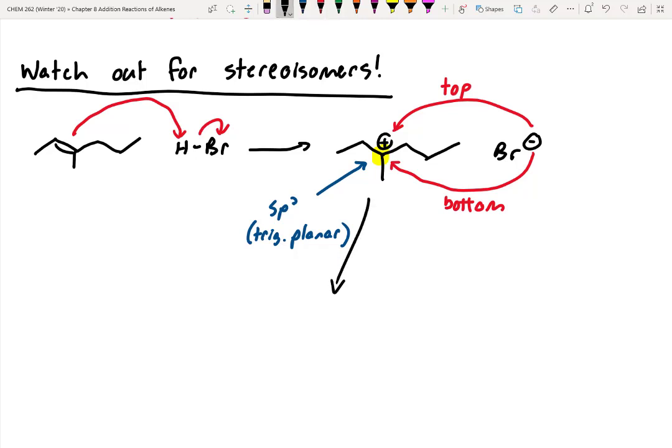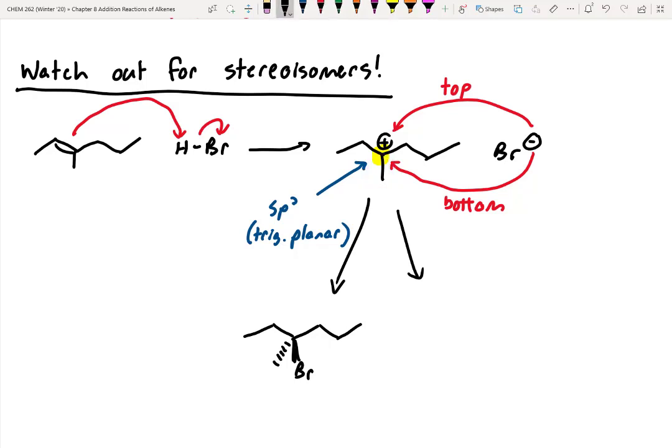So let's do both. So imagine over here, we do the top face attack. That means that the bromine must be installed as a wedge. What about the methyl group? So what I mean by the methyl group is what happens to this methyl group that I've circled? Would it be a straight line? No, it must be a dash, right? Because we're forming a tetrahedral carbon that's now sp3. Okay?